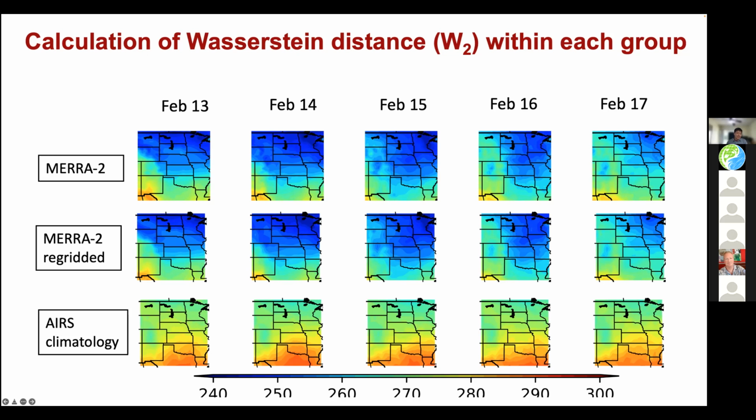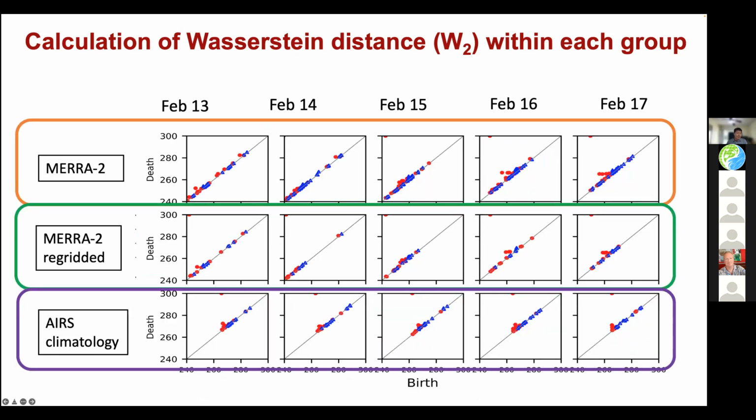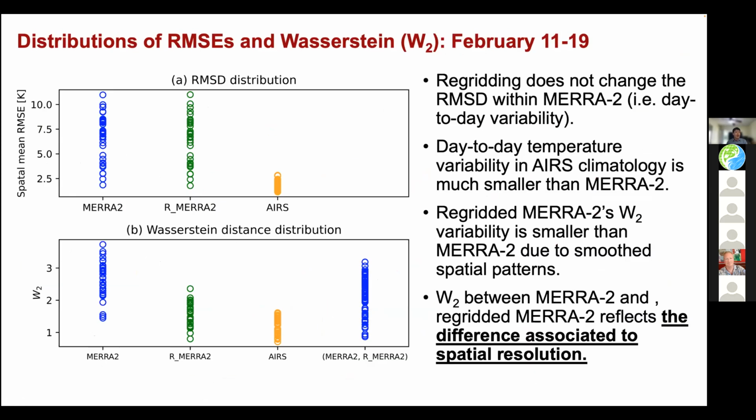For each of these three groups, we also calculated the Wasserstein distance within each group as a measure of day-to-day variability in temperature. Here, I'm showing distributions of RMSD on the top and the second order Wasserstein distance.